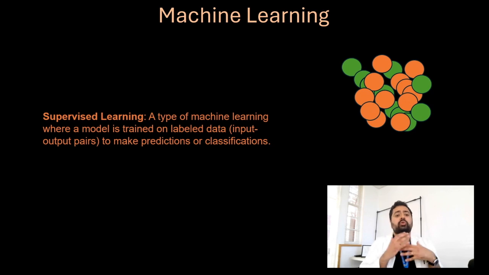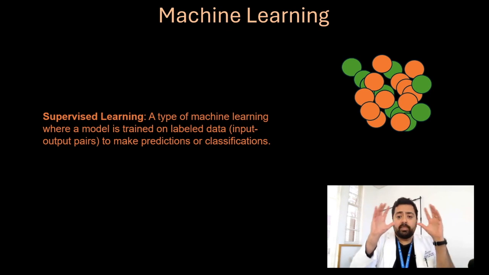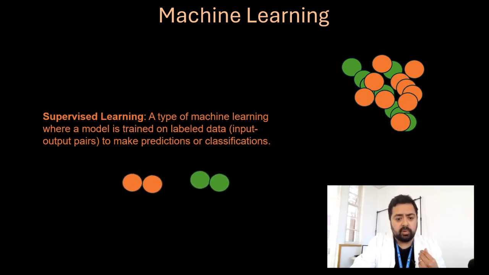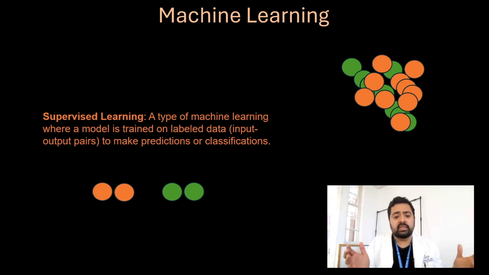So let's look at supervised learning. In supervised learning, you have a data set, but you're specifically going to tell the computer what you're looking to classify this data into. For example, here I have a big collection of little balls. Some are green, some are orange. In a supervised learning method, I'm going to pick some of these and call it my test data set.